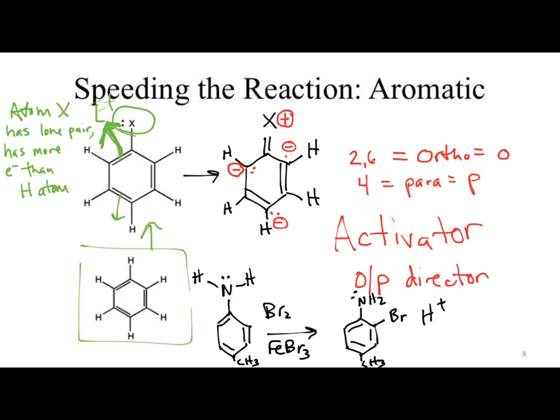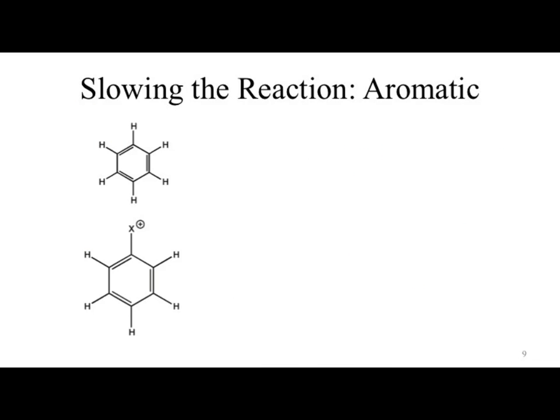So, what I'm going to leave you with is just a little bit on slowing the reaction down. So I want you to be looking at this. What happens if instead of atom X having a bunch of electron density, atom X looks like this? What's special about atom X in this case? Positively charged.